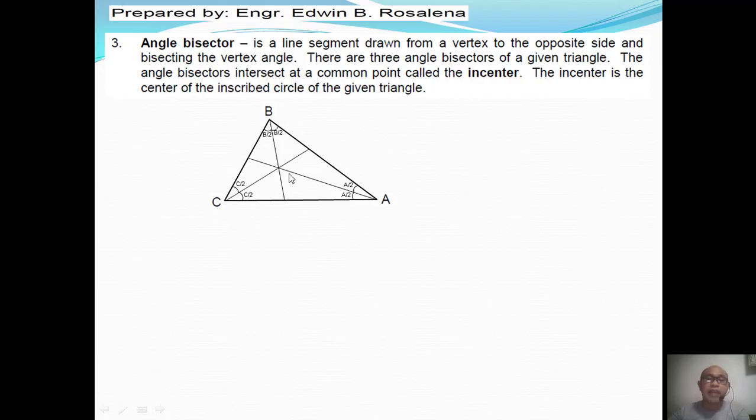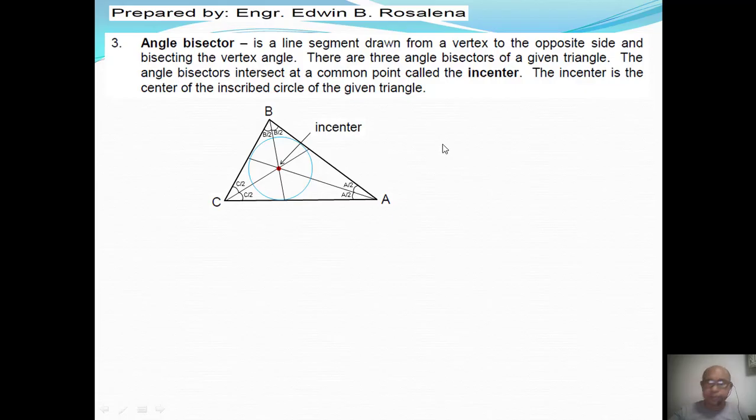The three angle bisectors also intersect at a common point, and we call that the incenter. Why? Because we can draw a circle inscribed in a triangle, and the center of that circle is the intersection of the angle bisectors. So we call it the incenter.